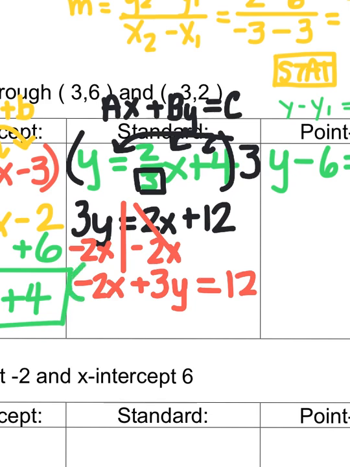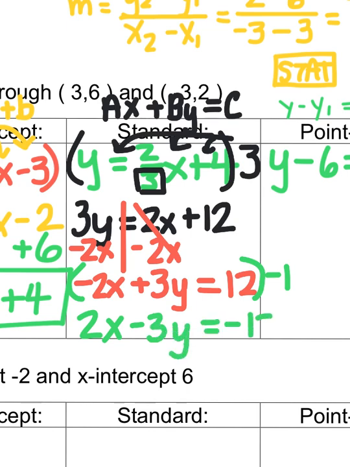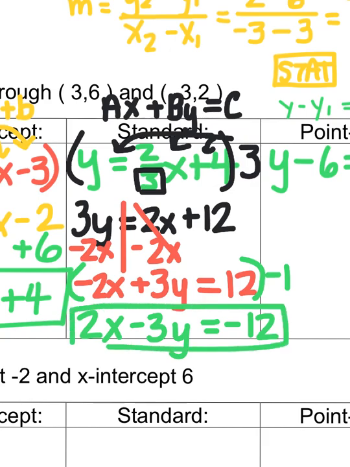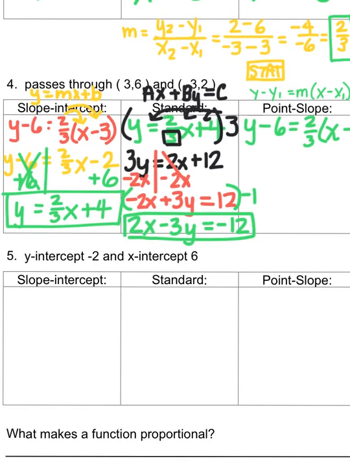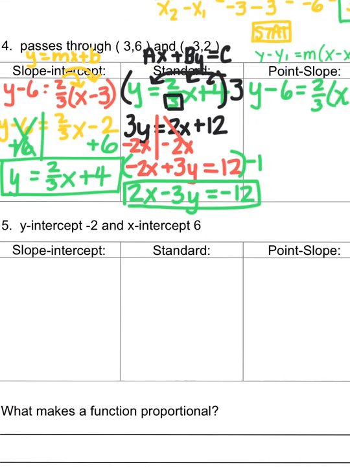I just have to make sure that my a value is positive, so I will multiply each term by -1. All right, we have a match. Now we're in standard form. Now look back at all that lovely work. That is your lovely math work that we are expecting to see.